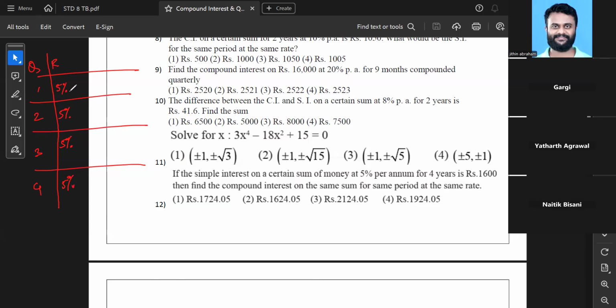Do you understand this? Now, the total tenure is only 9 months, which means we have to calculate only 3 quarters. We don't need to calculate the fourth quarter, because we are only considering the first 3 quarters.